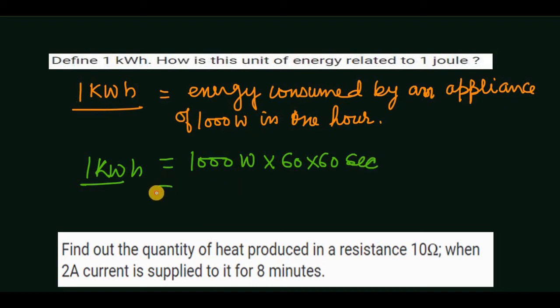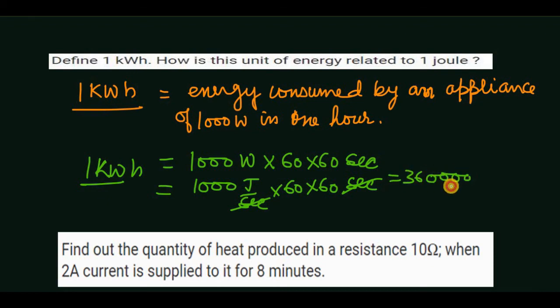Okay, then 1000, in place of watt you can write joule per second, into 60 into 60 seconds. Second cancels by second, so it will be 36,00,000 joules, or you can write it 3.6 into 10 power 6 joules.